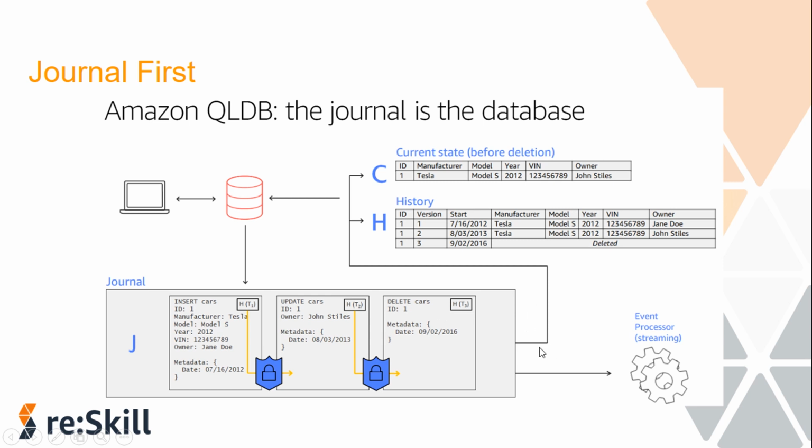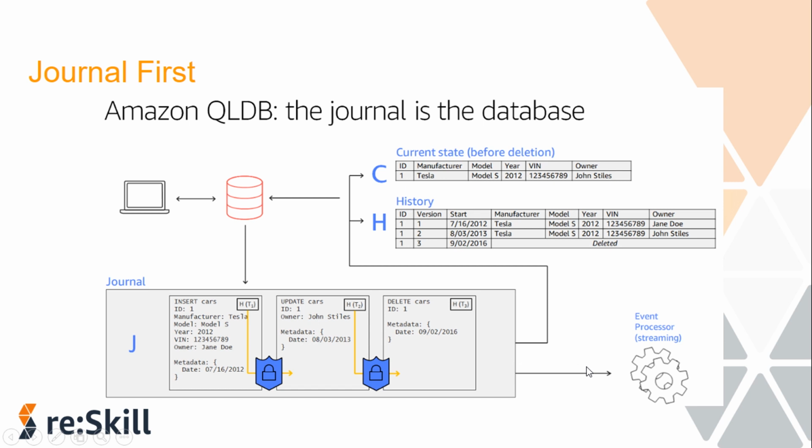These views let you query both the current state and the complete history of the car, with each revision assigned a version number. You can see the different version numbers here. Whenever a change is made, it is recorded. And you can also export or stream the data directly from the journal itself.